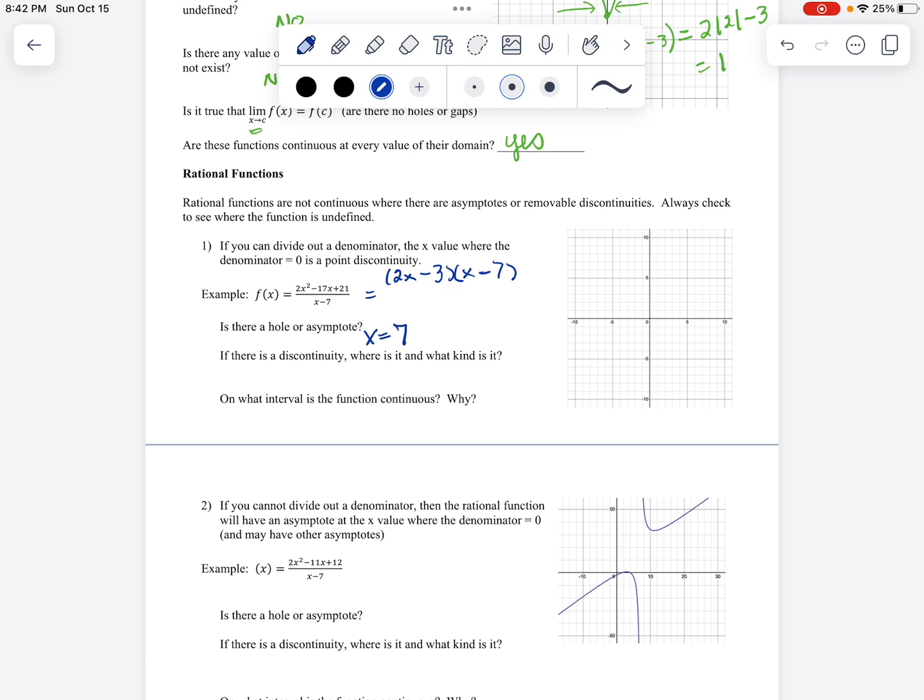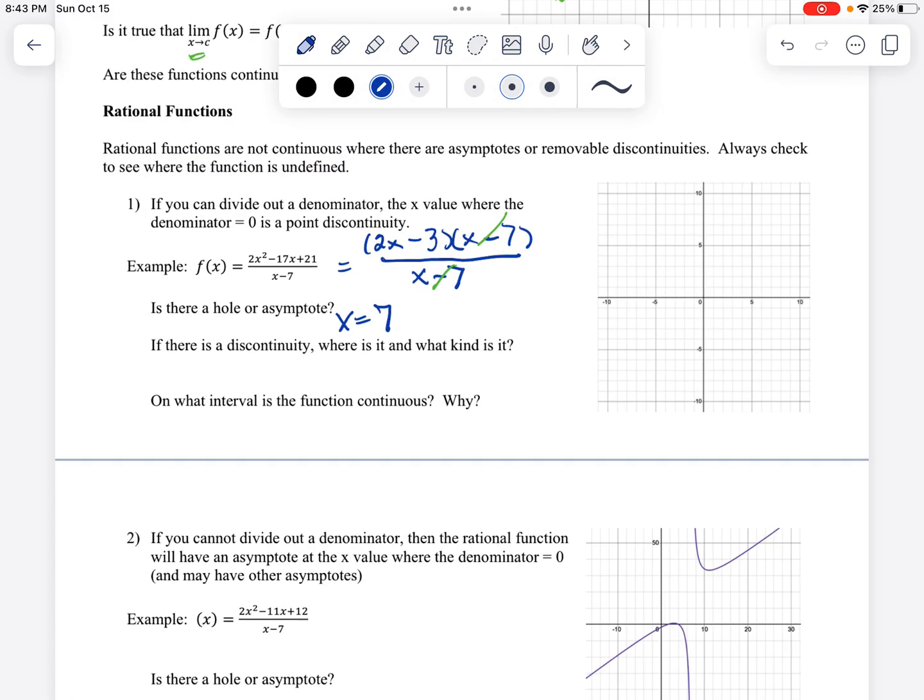If they're both negative, 7 times 2 is 14. Negative 14 minus 3 is minus 17. So it is factorable. If you have a rational function that's factorable, and we want to graph this, I factor it. Notice the x minus 7s cancel. And now graphing this function is as simple as graphing the line, 2x minus 3.